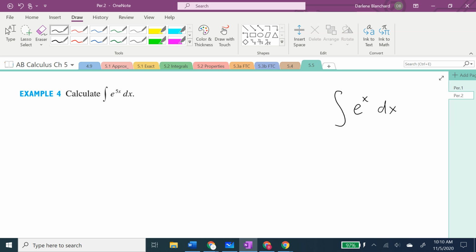If this had been the integral of e to the x dx, you would have just gone e to the x plus c and been on your way.